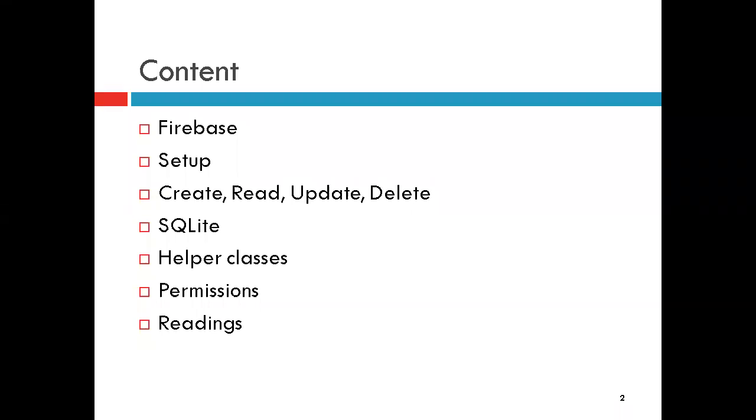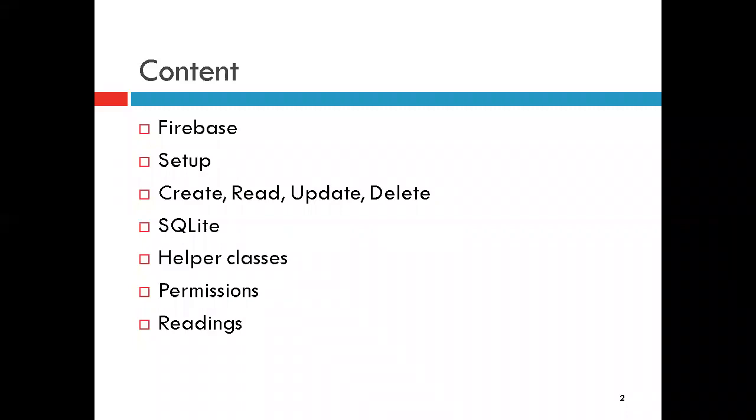So today what we're going to talk about is how you can store information with Android. There's multiple ways of doing that. You can use the cloud, and there's multiple cloud service providers. Probably the easiest one to use is Firebase from Google.